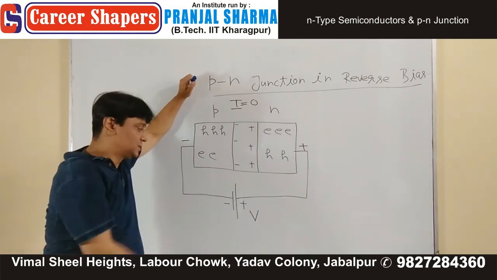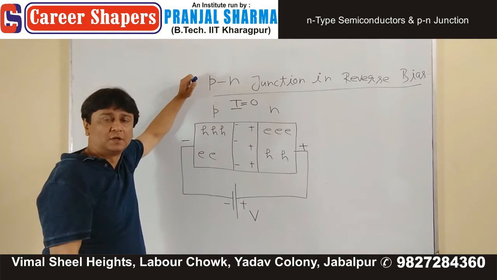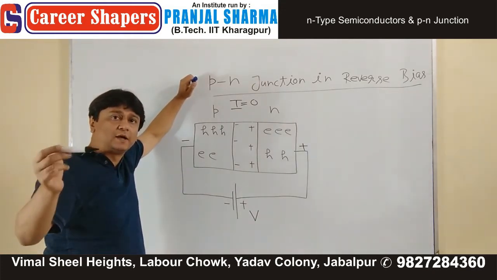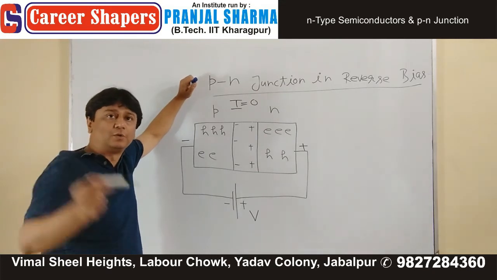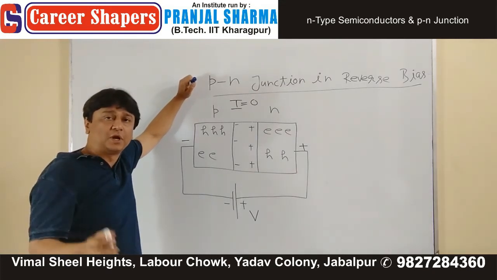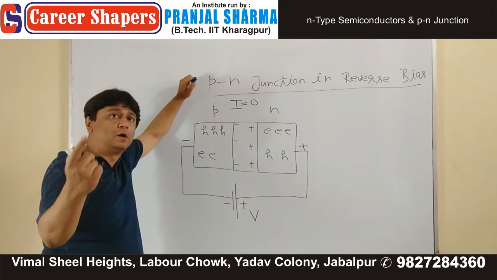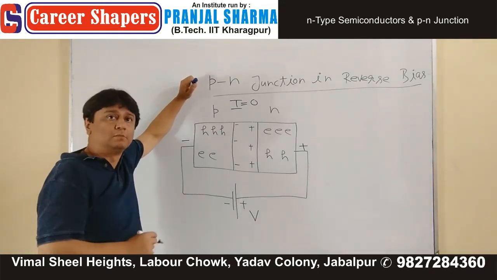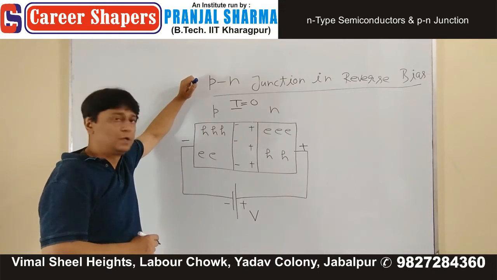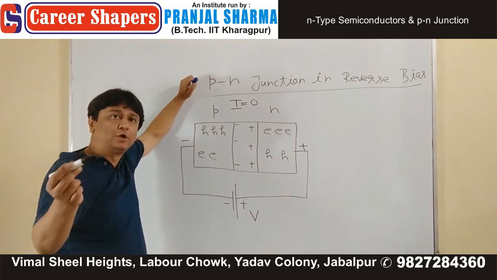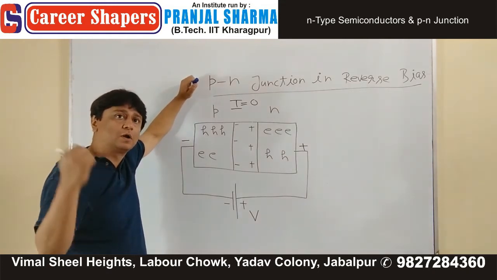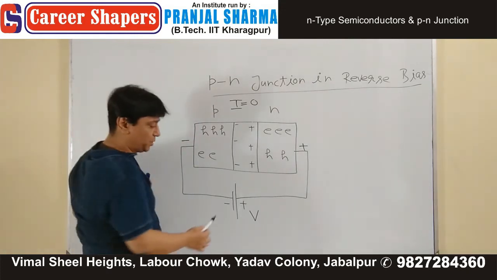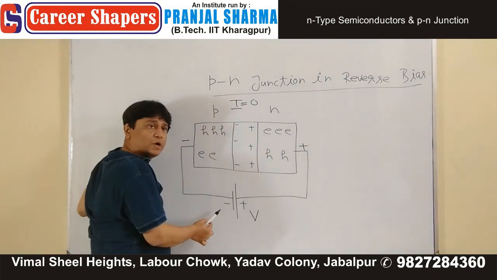So if I change the voltage like this, I can increase the current or I can drop it to zero, creating a situation like 1 or 0. That's what the whole thing is all about. Creating a setup where you can stop or start flow of current by simply changing voltage.